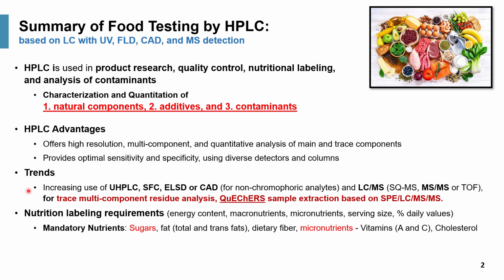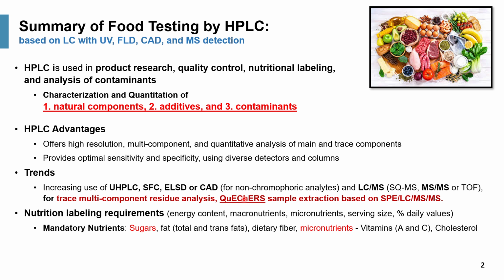There's an increasing trend of using UHPLC for high resolution and speed, supercritical chromatography, ELSD, which is evaporative light scattering detector, or CAD. CAD stands for charged aerosol detector. CAD probably is preferred by most people for non-chromophoric detection, so you can get away from the refractive index detector.